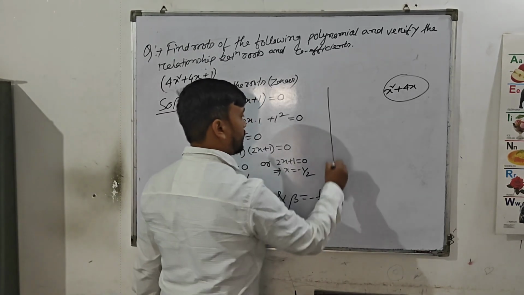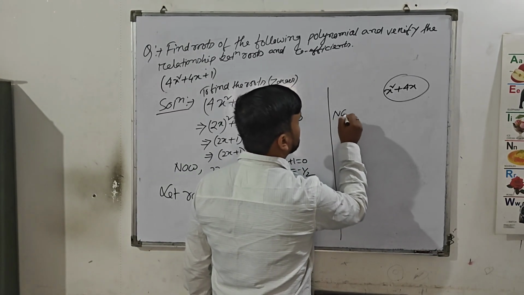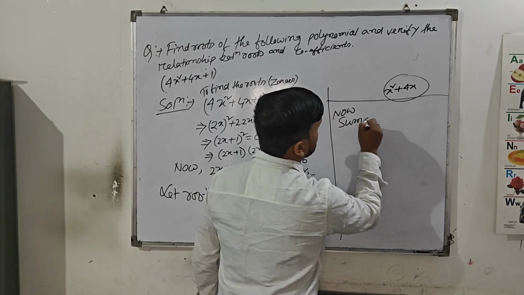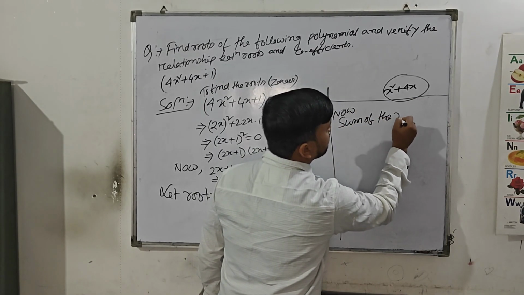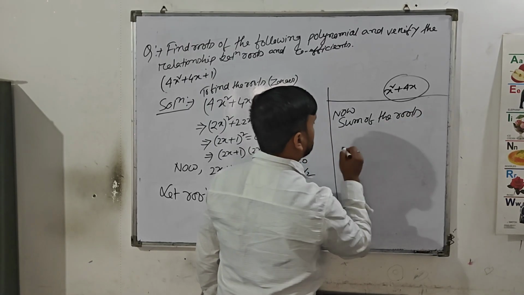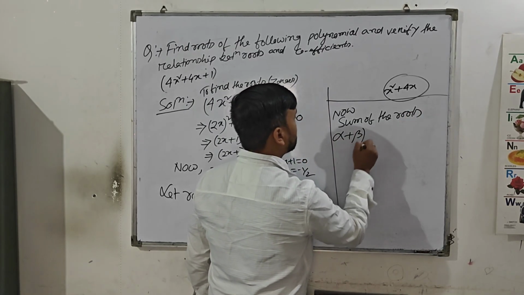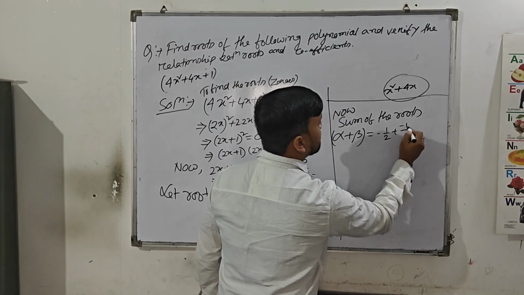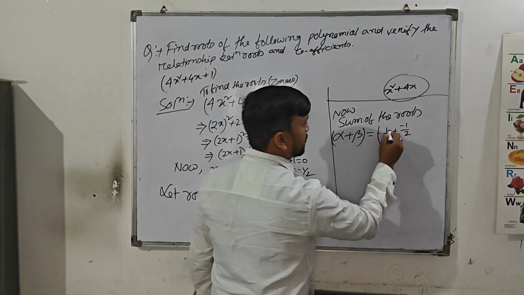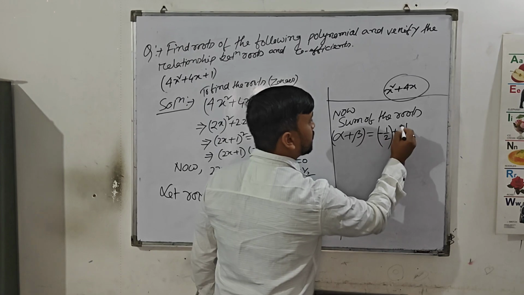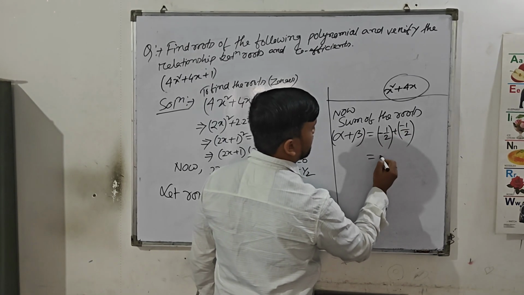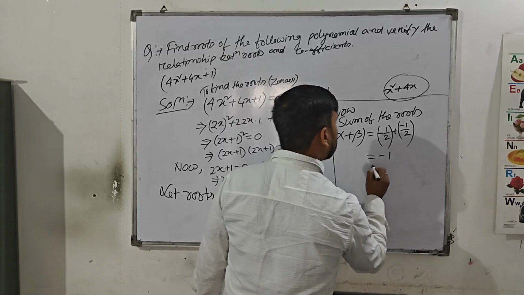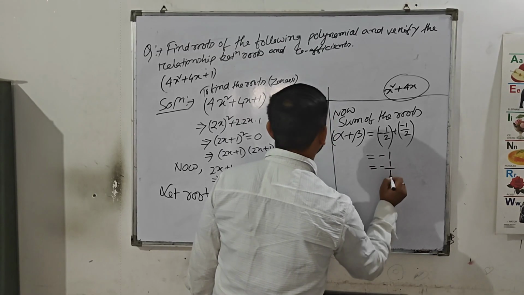Now sum of the roots, alpha plus beta: minus 1 by 2 plus minus 1 by 2 gives you minus 1. Minus 1 can be written as minus 1 by 1.